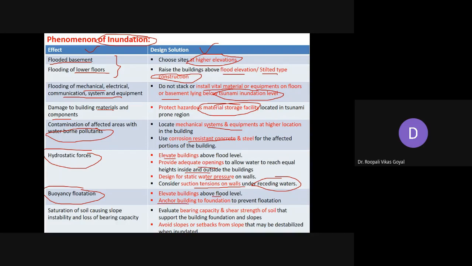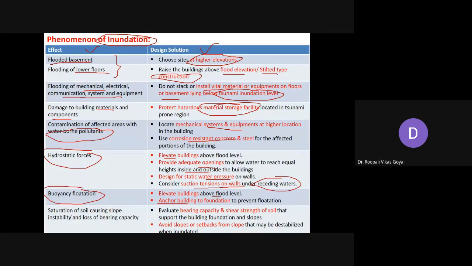Then you have to anchor your building properly to the foundation so that it will prevent this flotation, so that it does not start floating, right? In the Japan tsunami you might have seen the footage in which the entire house is flowing with the water. So for that buoyancy flotation, proper anchorage of the building with the foundation is very essential.